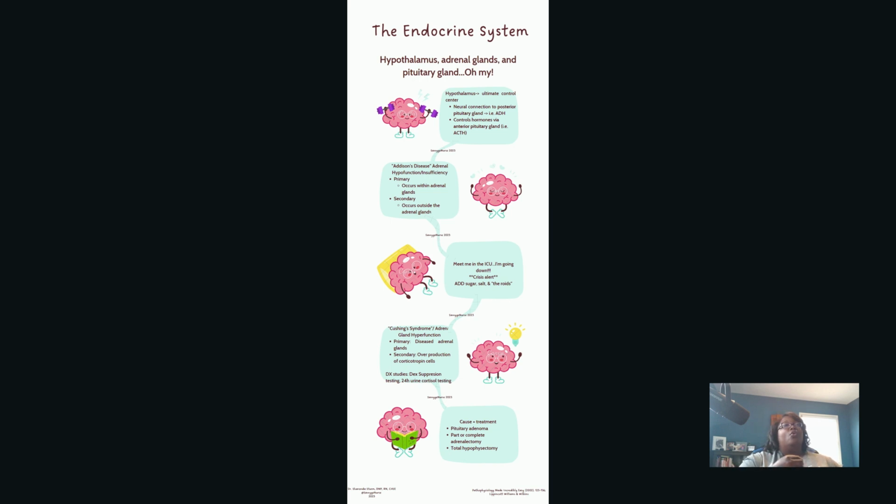So there'll be a whole huge regimen. This individual will definitely be in the ICU versus on a med surg floor or a step down, because you don't want them going down, because their electrolytes are depleting fast.